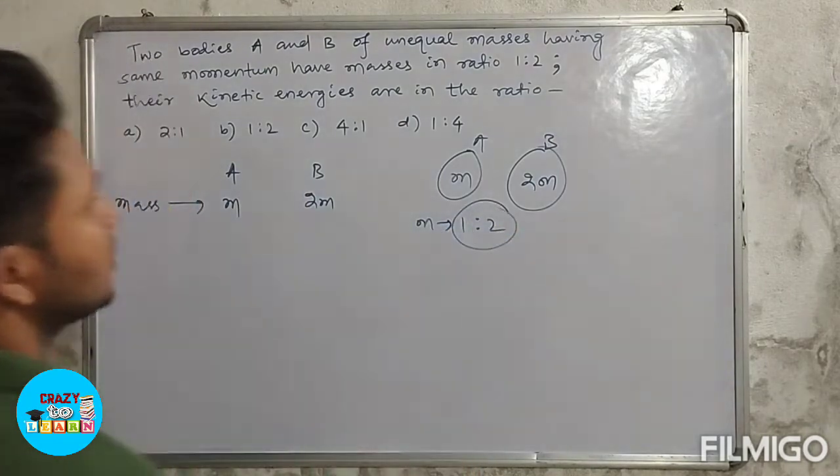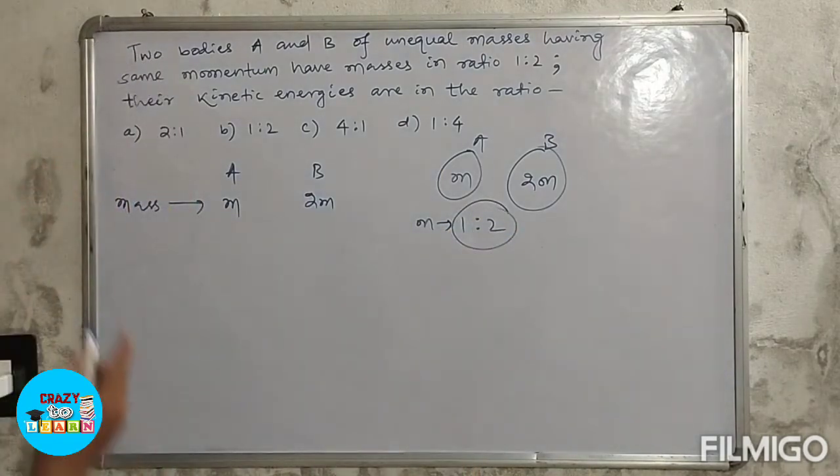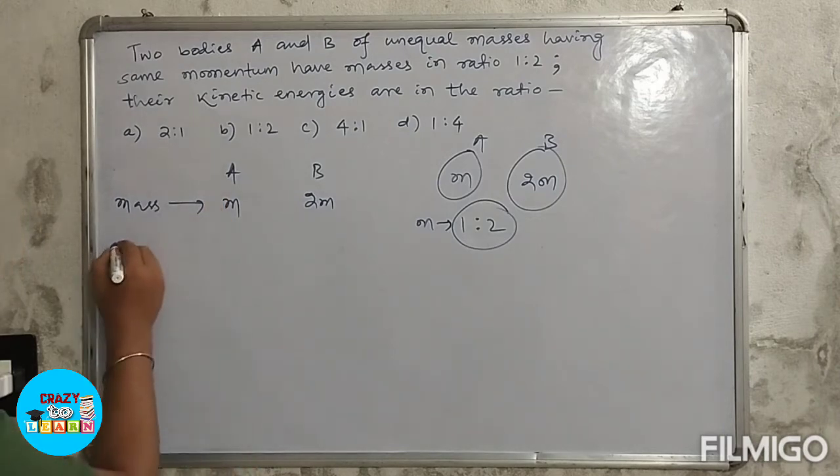The masses are in the ratio 1:2. Both have the same momentum, so what will be the momentum?